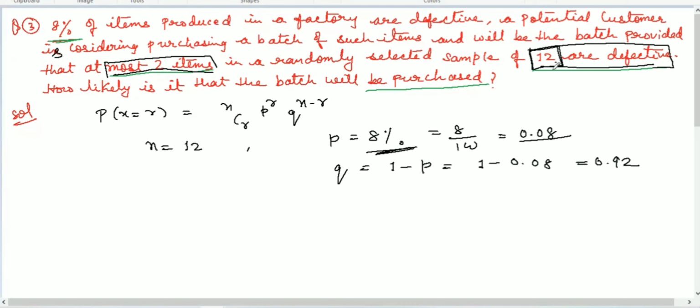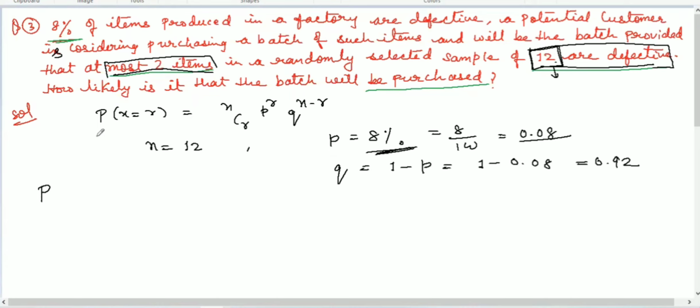He takes 12 items, and we have to find the probability he will get at most 2 defective items. In the full batch 8% is defective, so this is the probability of success. Now write down the formula.